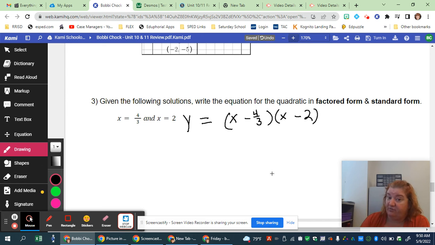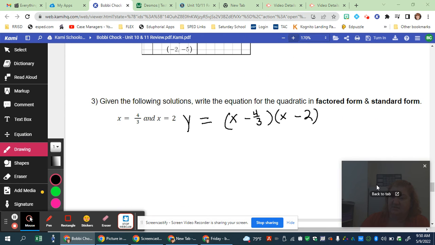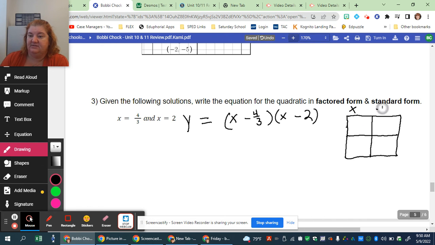Now to get standard form, you're just going to make the box. Remember that box? Let me move over here so I have room. So you have x minus 4/3, x minus 2.